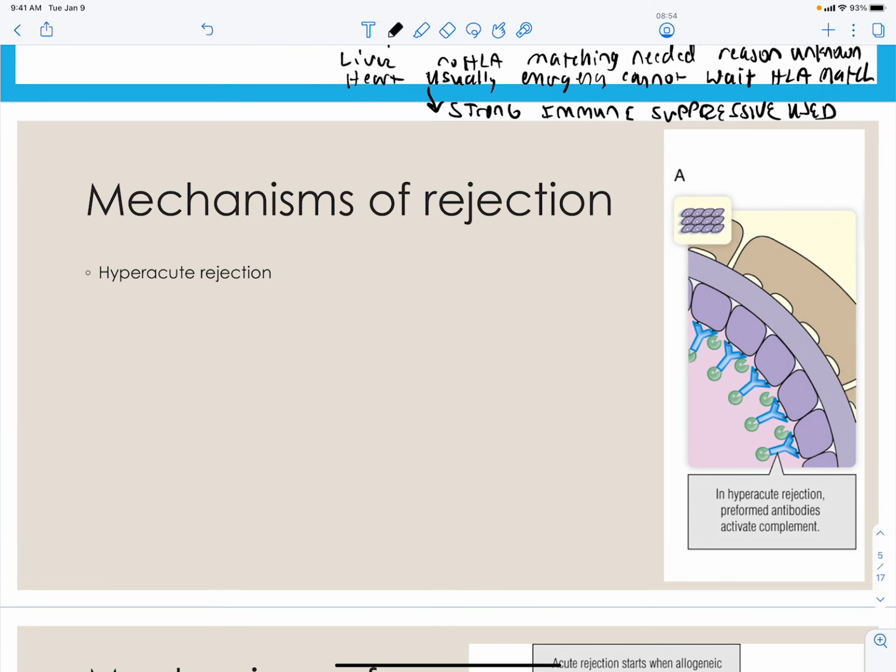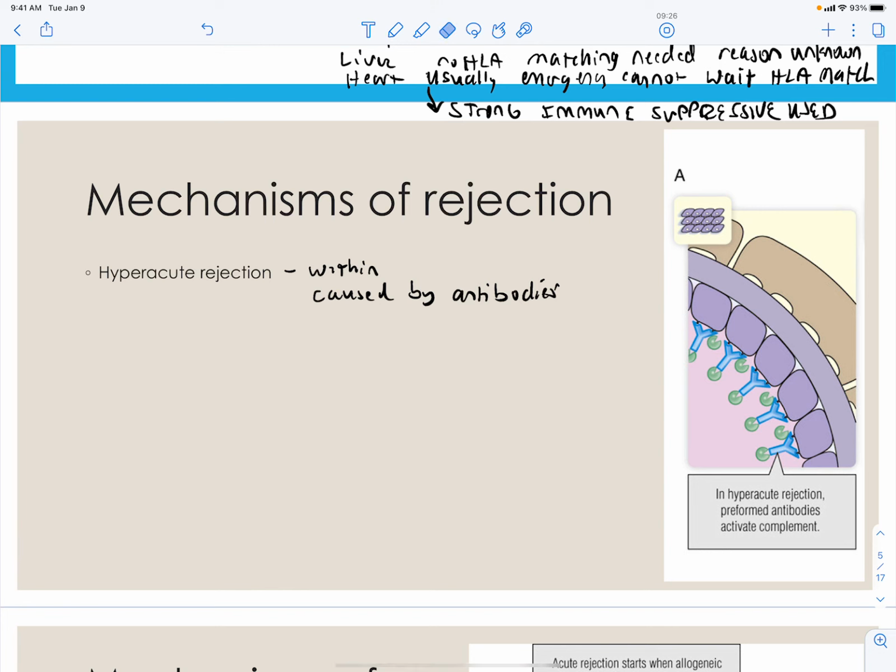Okay, so let's talk a little bit about the mechanisms of rejection. The first mechanism is referred to as hyperacute rejection, and this takes place within hours. So this is very, very fast. Hyperacute rejection is caused by antibodies, and these antibodies occur within hours.